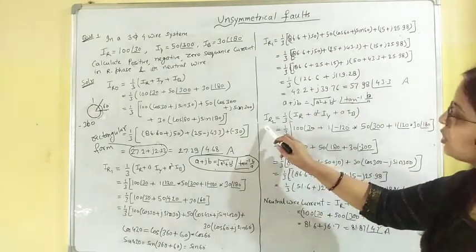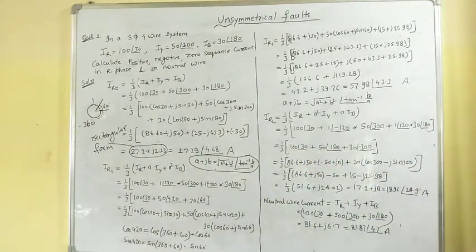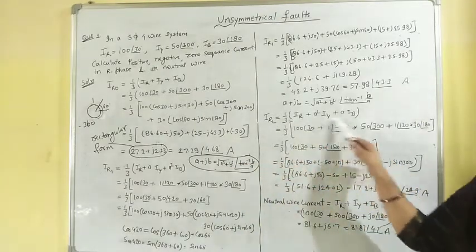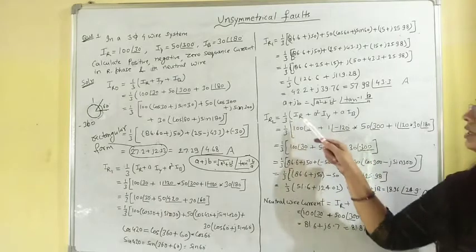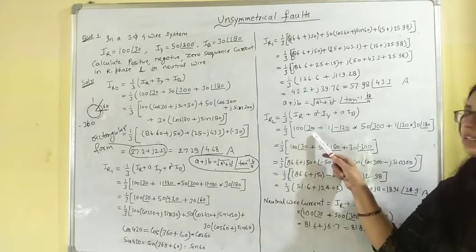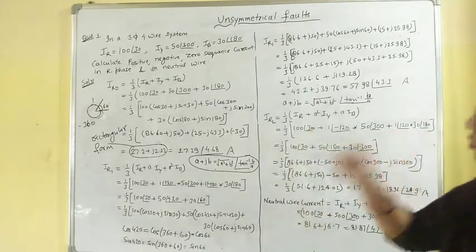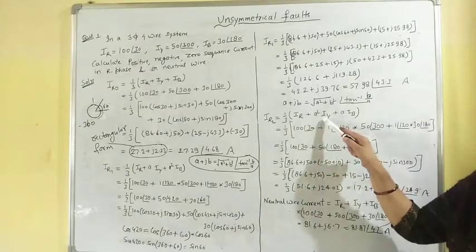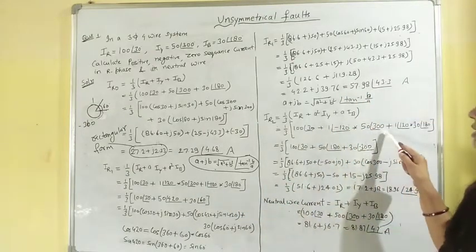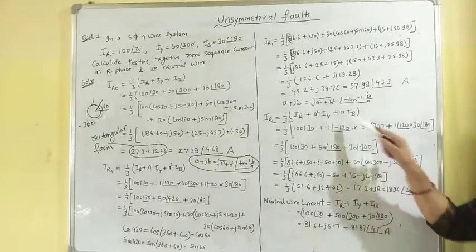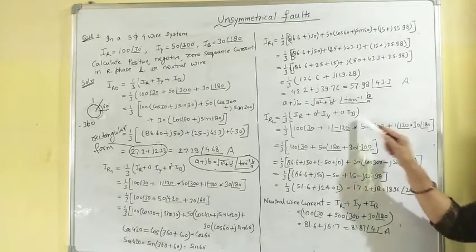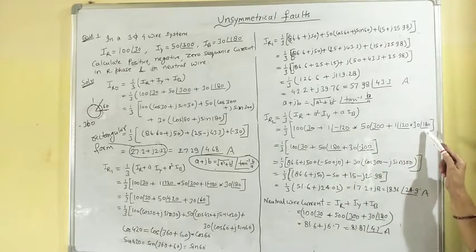Similarly for the negative sequence current, we again exchange these values and get this formula. Use this formula. Here IR is 100 angle 30 degree, plus A square, which was 1 angle minus 120 degree, times IY, which was 50 angle 300, plus A, which was 1 angle 120, times IB, which was 30 angle 180 degree.